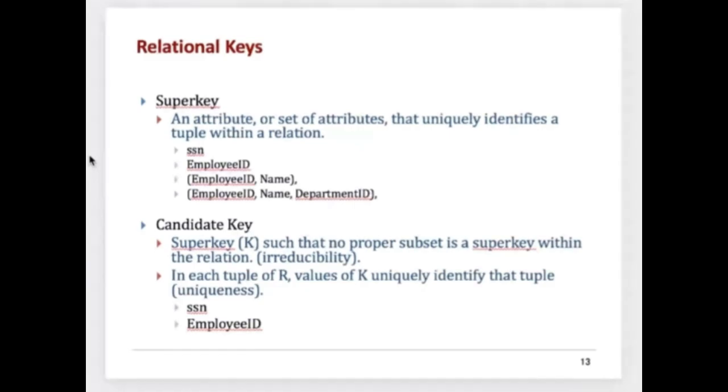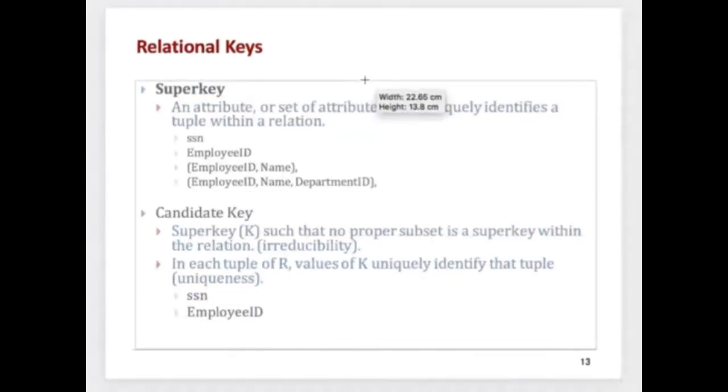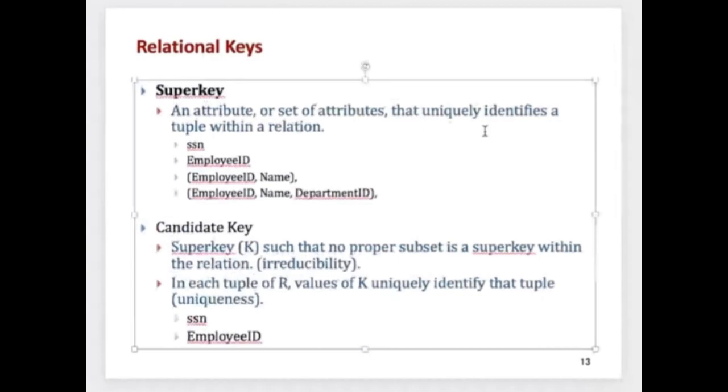Then it's time to repeat our concepts of keys that we discussed in our last class. We saw the concept of super key. What do we mean by super key? A super key is any attribute that can uniquely identify a tuple or a record in a relation.